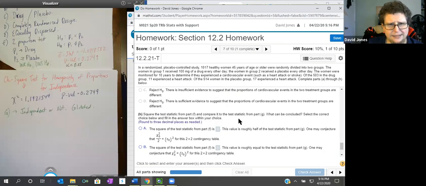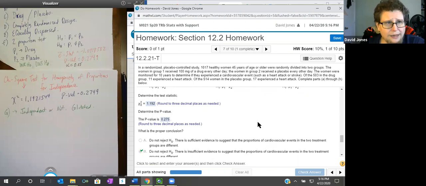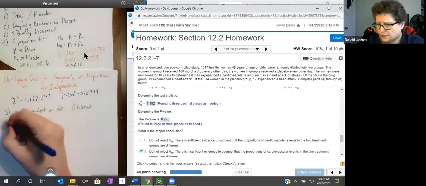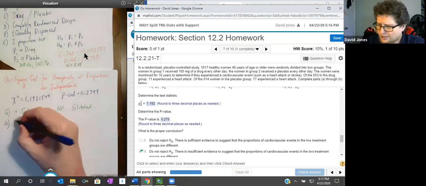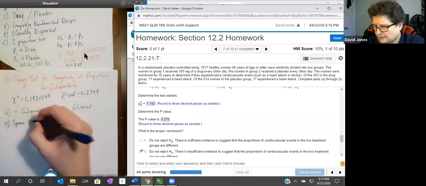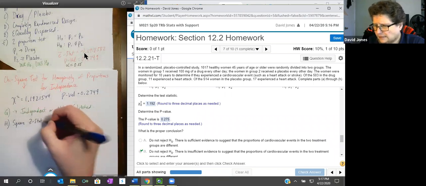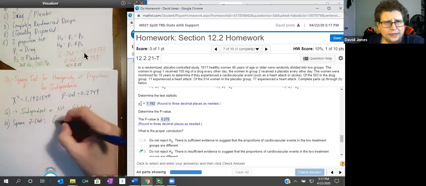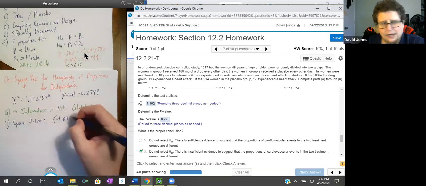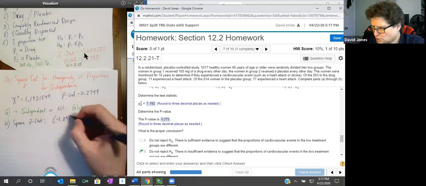Square the test statistic from part F and compare it to the test statistic from part G. So part F, what did we have? That was our Z-stat. So H says square the Z-stat. So negative 1.09 squared.